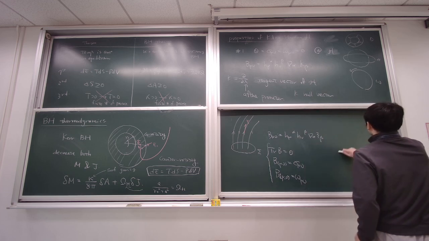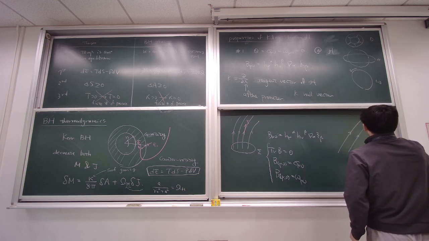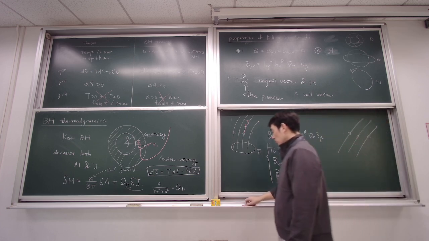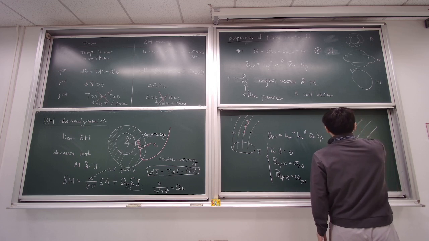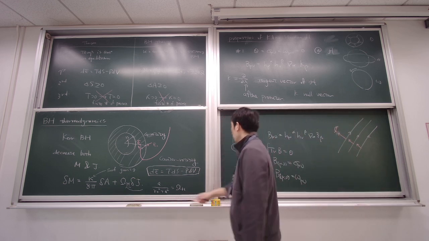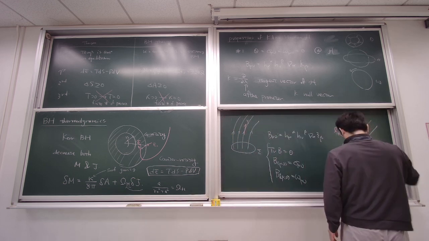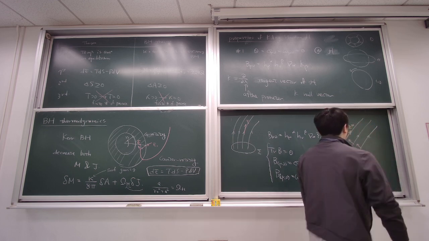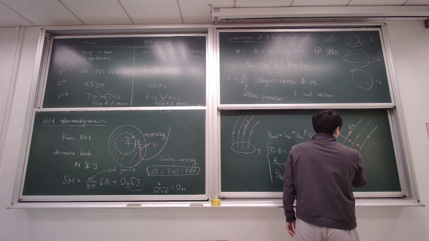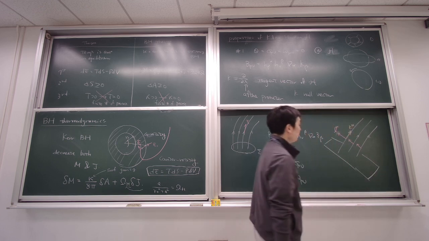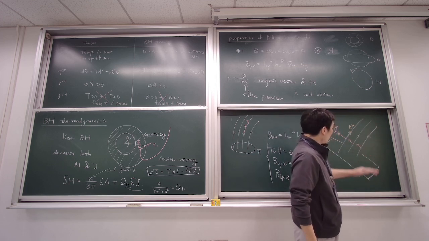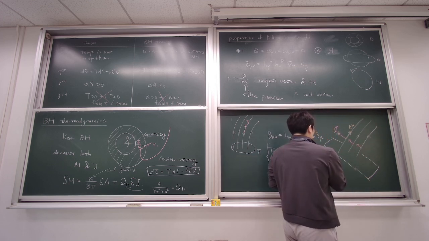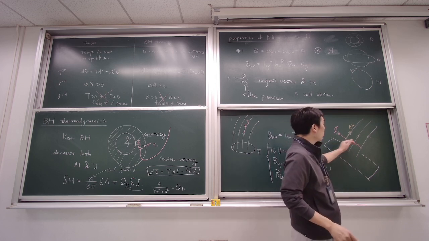As you recall, in the case of null, there are no d minus 1 independent vectors orthogonal to k.